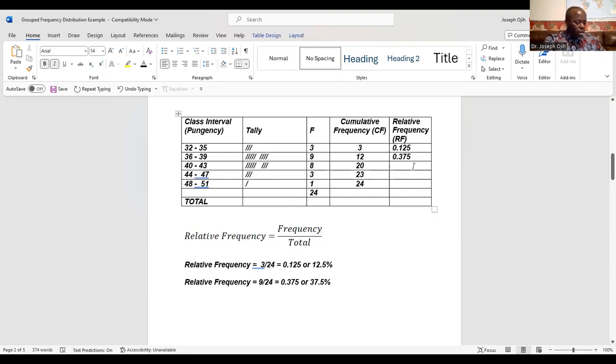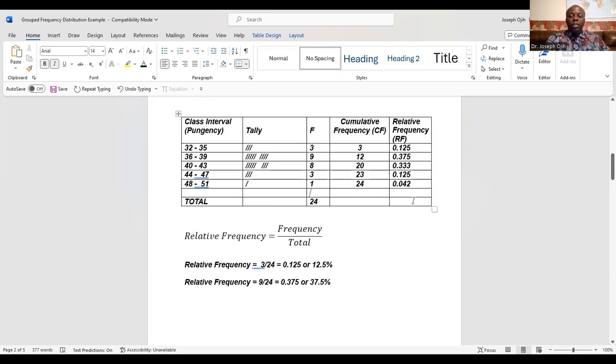I got 0.333, 0.125, and 0.042. The total should be 24. One thing about relative frequency is that they must add to 1.